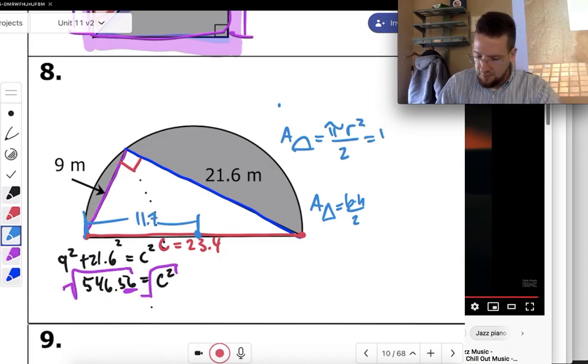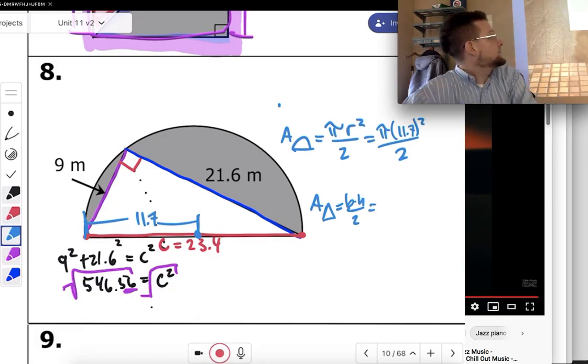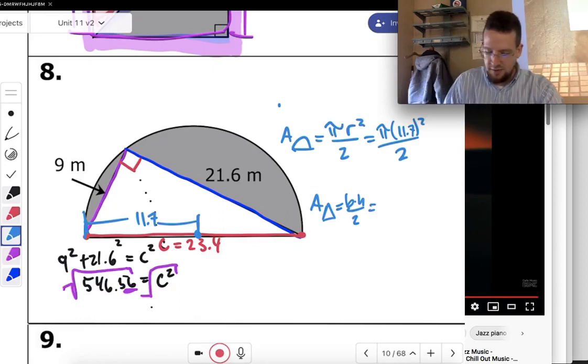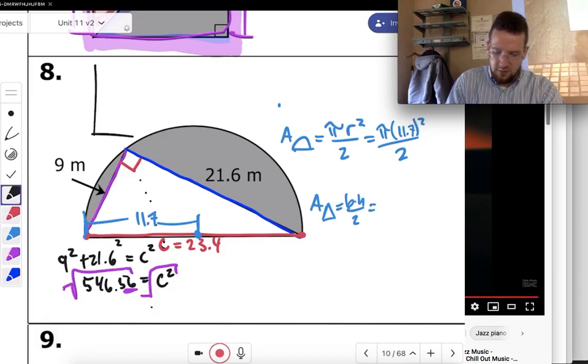And so this looks like pi times 11.7 squared divided by 2. I'm going to get this value. And then the base times the height of this triangle. So notice, if I were going to redraw this triangle, be careful, because this is 23.4, this is 21.6, this is 9.